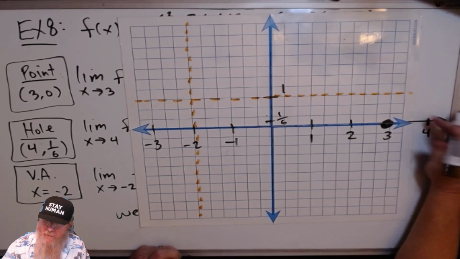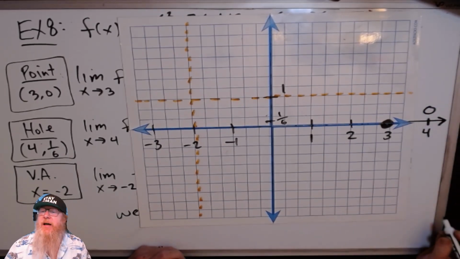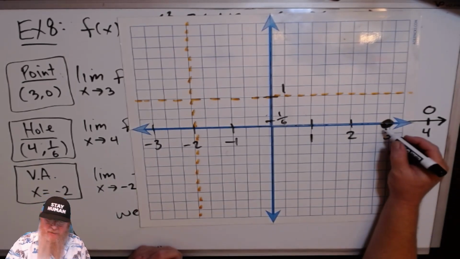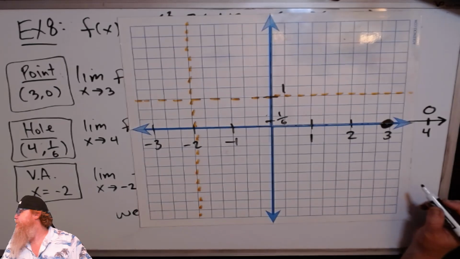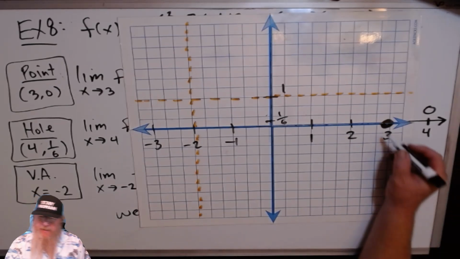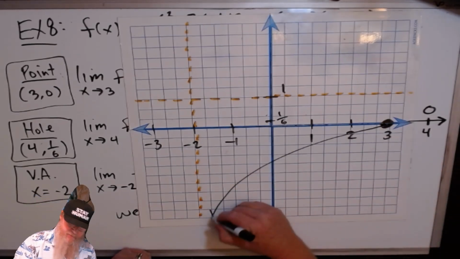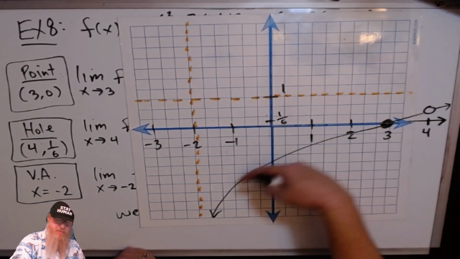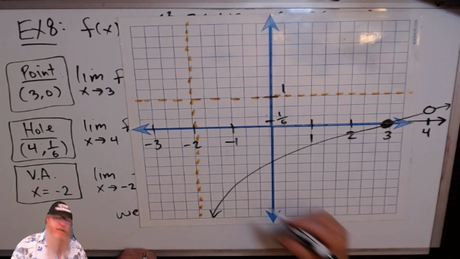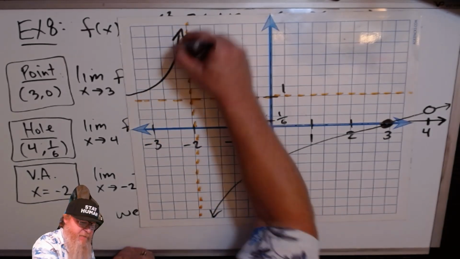Where's my hole? My hole is right here. It's not a point. And so the graph looks kind of like this. Yeah, not being very precise. And then there's another piece of the graph right up here.